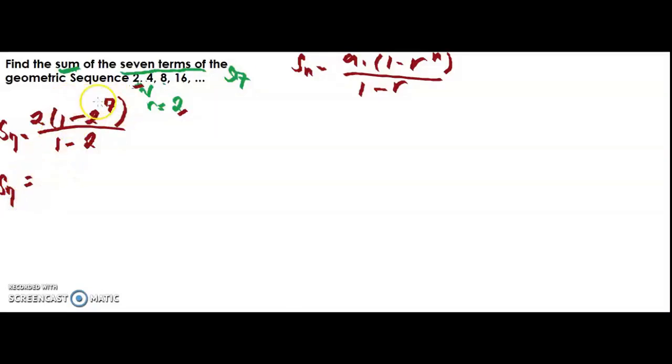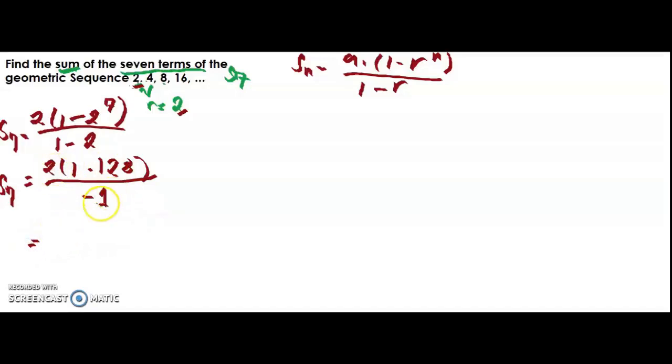Next, evaluate natin yung ating solution. So, first, let's have this numbers inside the parentheses. Lagi nating uunahin yung nasa parentheses. Since ang nandyan is exponential number pa lang, so let's have 2 raised to 7. 2 raised to 7 is equal to 128. Okay, so I have 1 minus 128 over 1 minus 2. 1 minus 2 is negative 1, right?